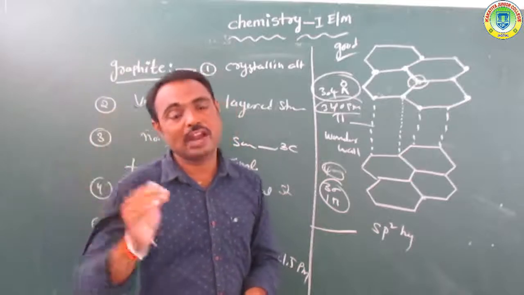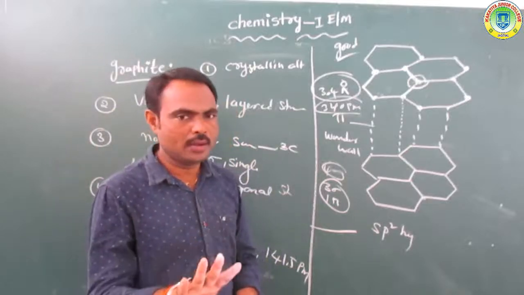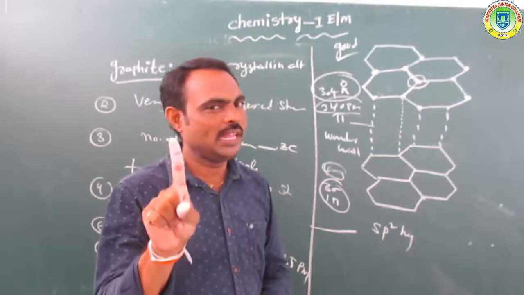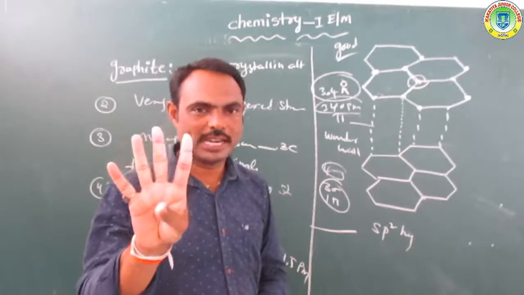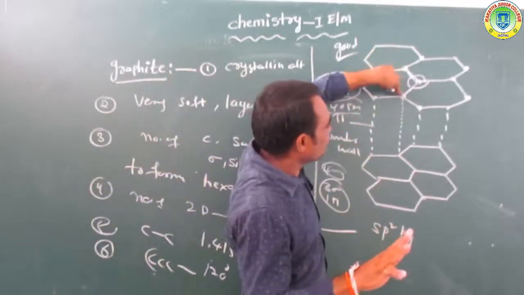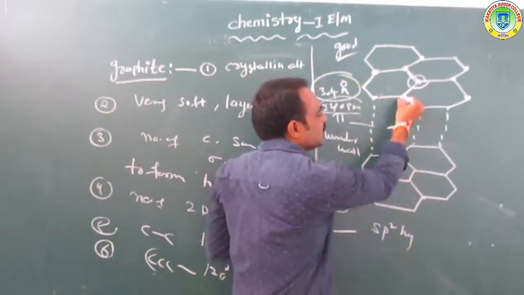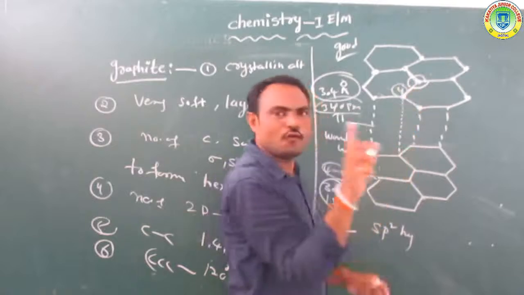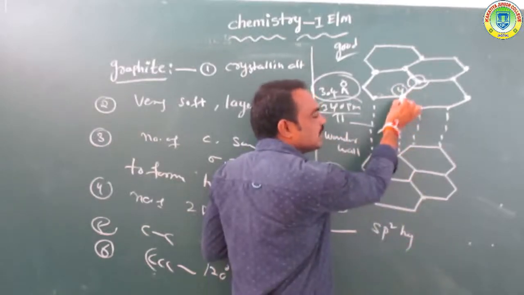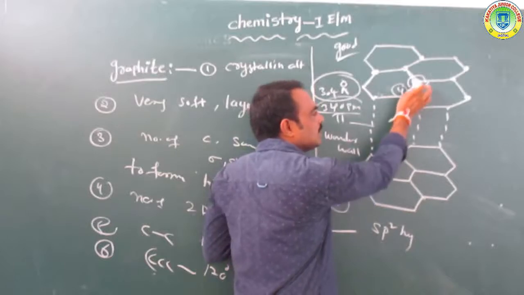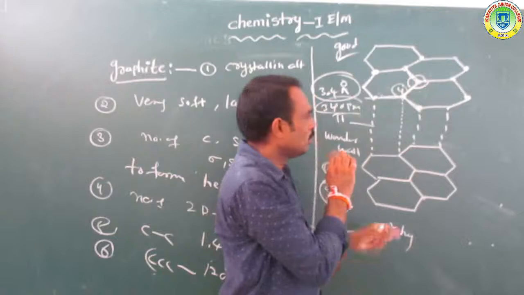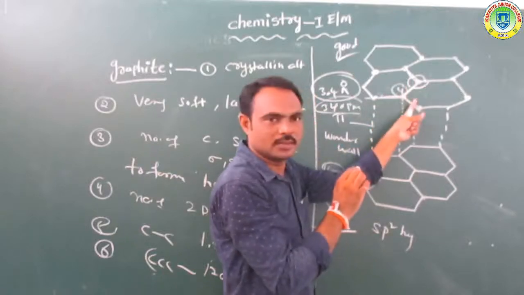In graphite, in the excited state, carbon contains how many single electrons? 4 single electrons. Suppose we take this carbon. These 4 single electrons, the first 3, 1, 2, 3, form 3 sigma bonds.